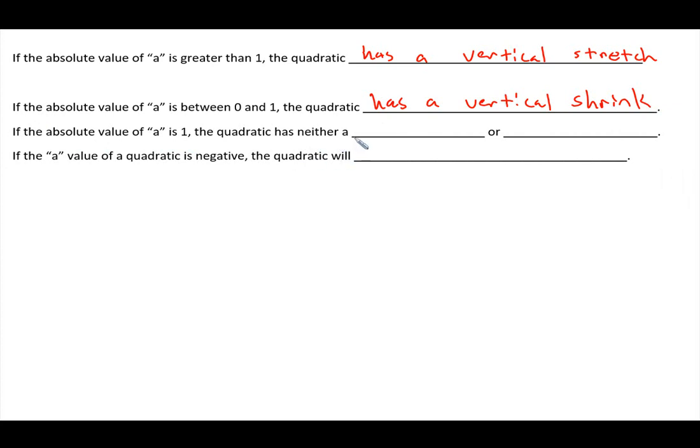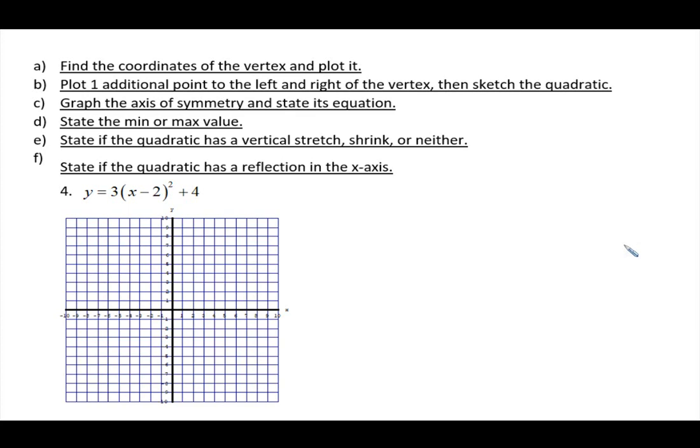So the quadratic has neither a stretch nor a shrink, because it's just 1. If the a value of a quadratic is negative, the quadratic will reflect in the x-axis.